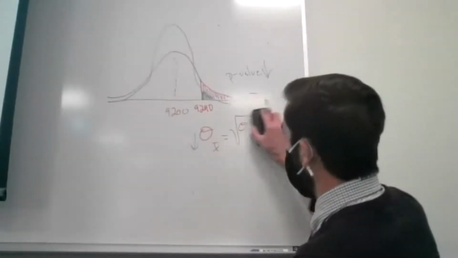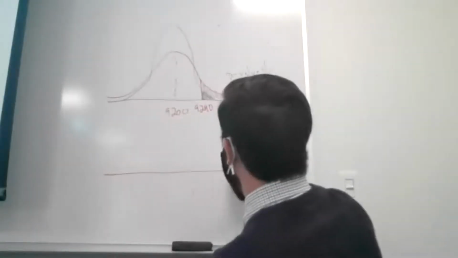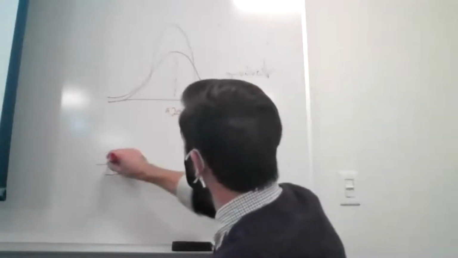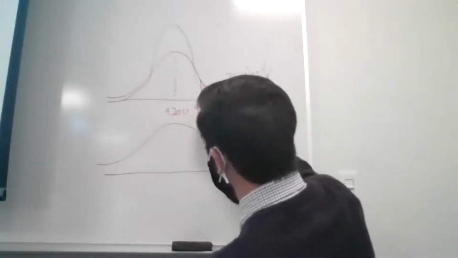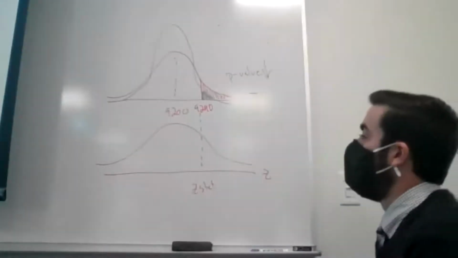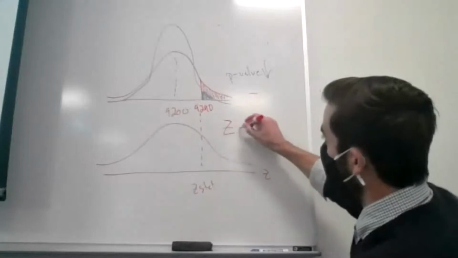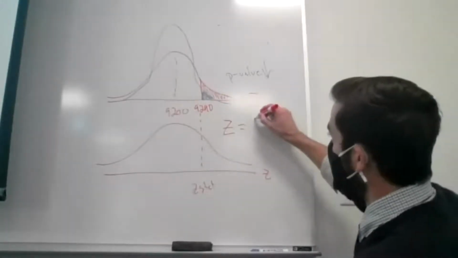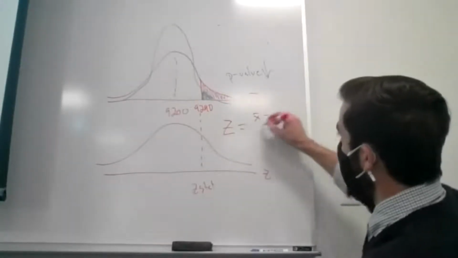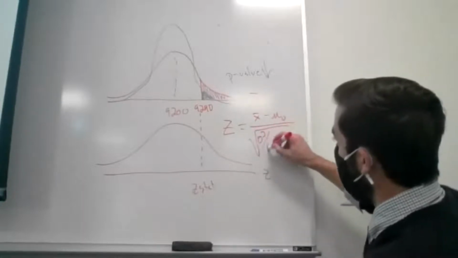I'm going to get rid of this for a second and think about, well, how would I actually perform this hypothesis test? I would turn this into a test statistic, right? And then find the p-value. Well, my test statistic equation was take the sample mean minus the assumed true mean divided by the square root of population variance over my sample size.